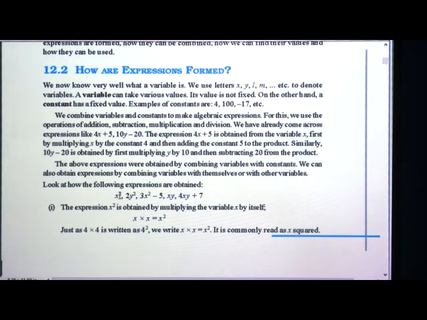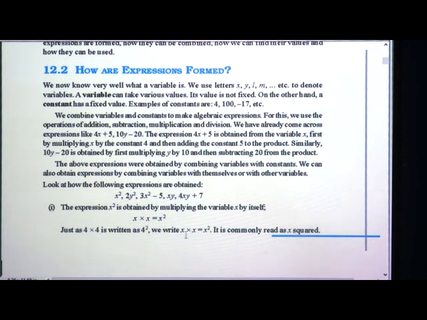If no number is written, it means 1. The expression x square is obtained by multiplying the variable x by itself. Square means two times. So x multiplied by x is equal to x square, just as 4 multiplied by 4 is written as 4 square.